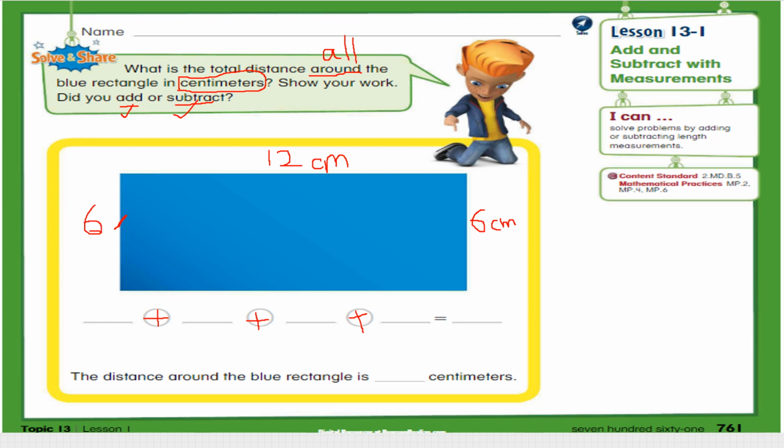And what about this one? Excellent, it is 12. Now you will add all the numbers together. 12 plus 6 plus 12 and plus 6. So we know 6 plus 6 is 12 and 12 plus 12 makes 24.